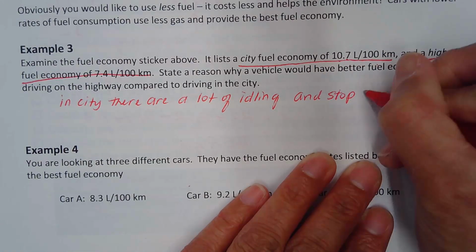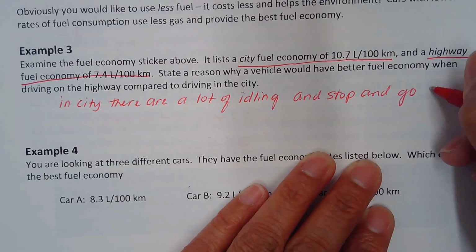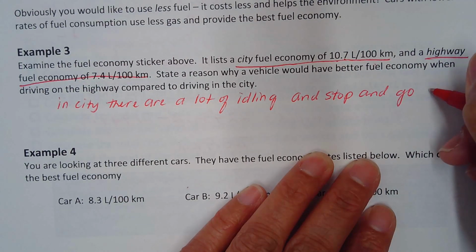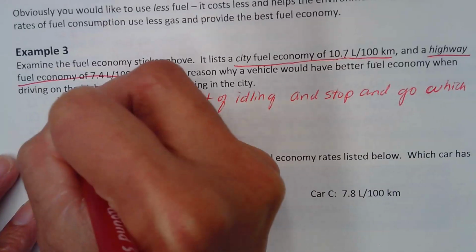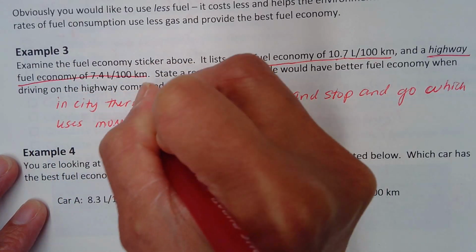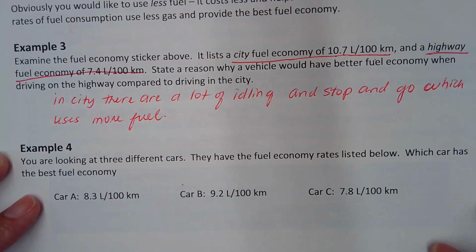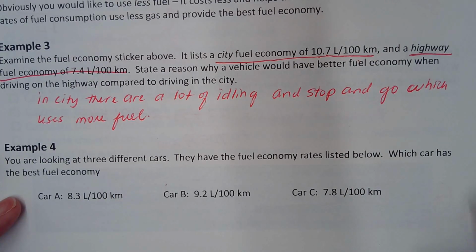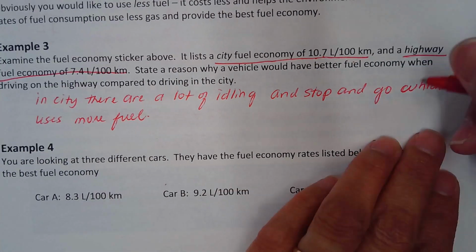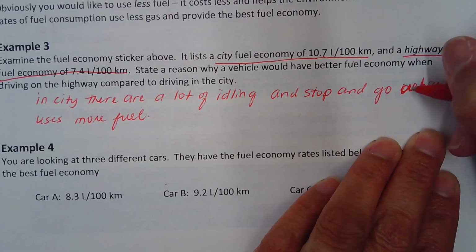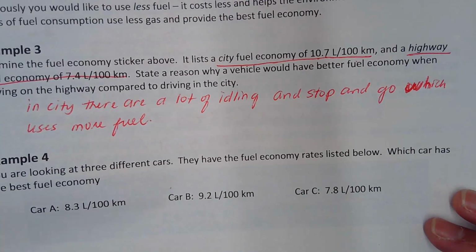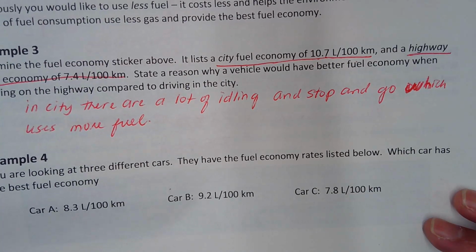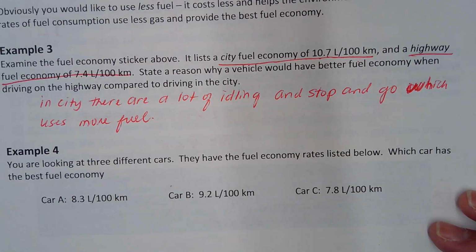Stop and go motion, which uses more fuel. Okay. So in the city, there is a lot of idling and stop and go, which uses more fuel. Okay. So far so good. So that is a reason why it's not constant.